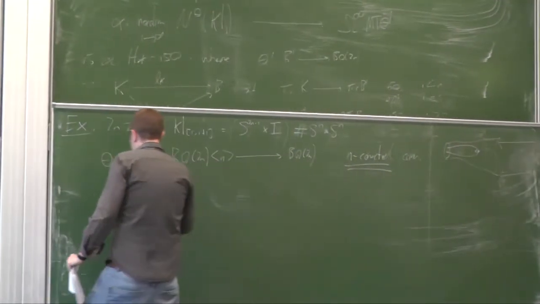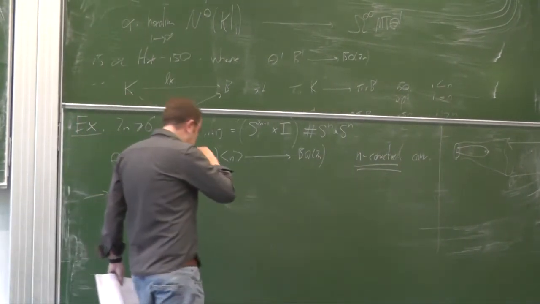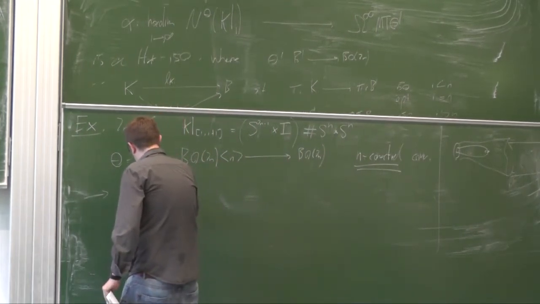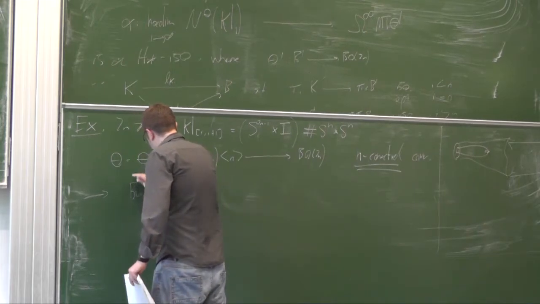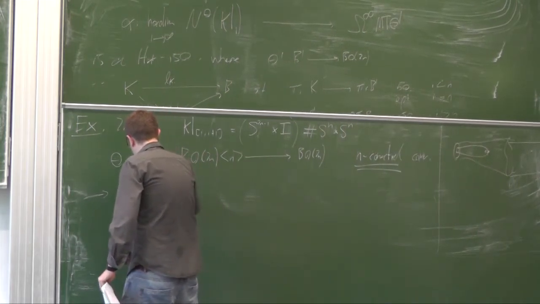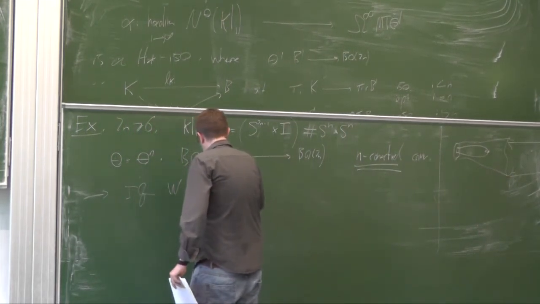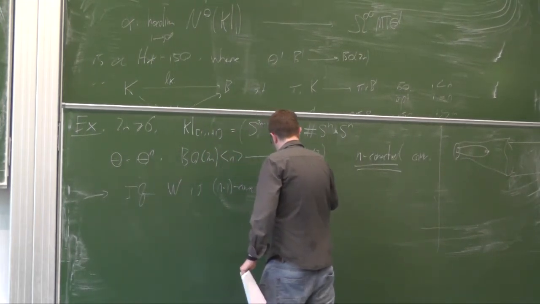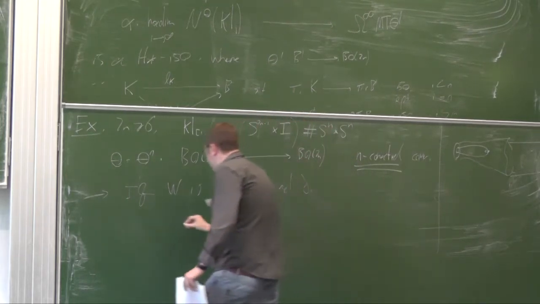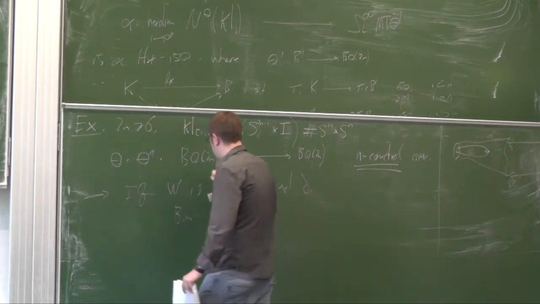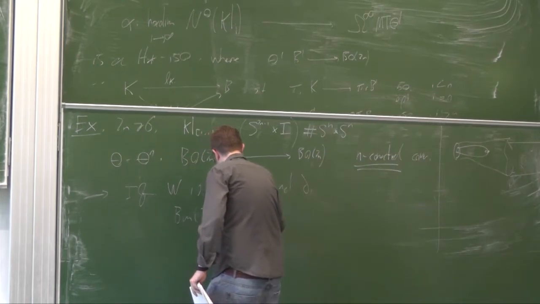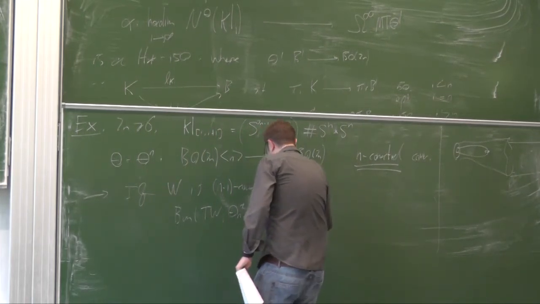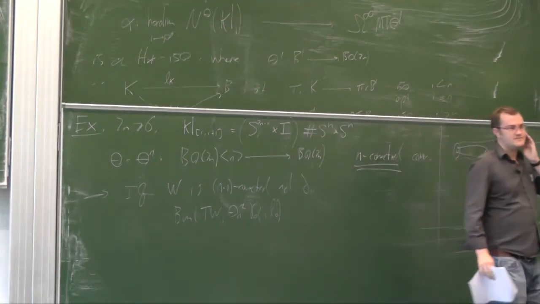And what you get out of this is, there's one more point, which is that if W is n-1 connected relative to its boundary, then the space of theta structures of this form on W relative to the boundary is either empty or contractible.